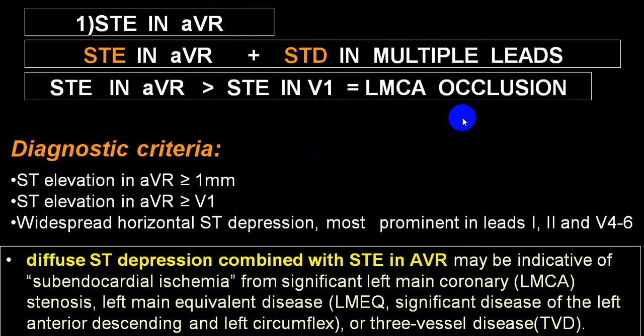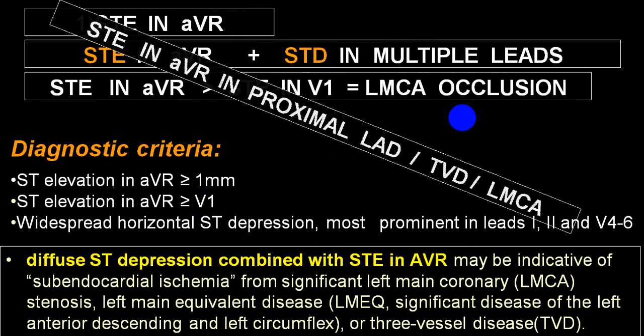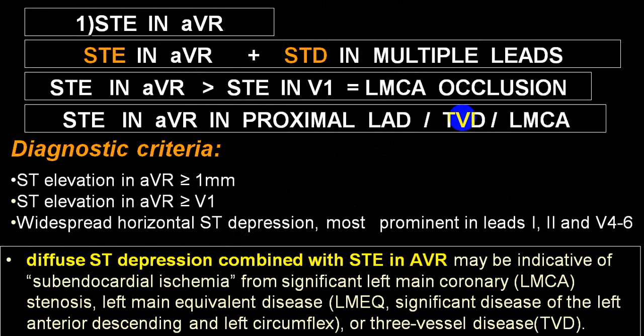So ST elevation in AVR taller than V1, again LMC occlusion with ST depression in multiple leads. So ST elevation in AVR will suggest LMC occlusion or proximal LAD or triple vessel disease.